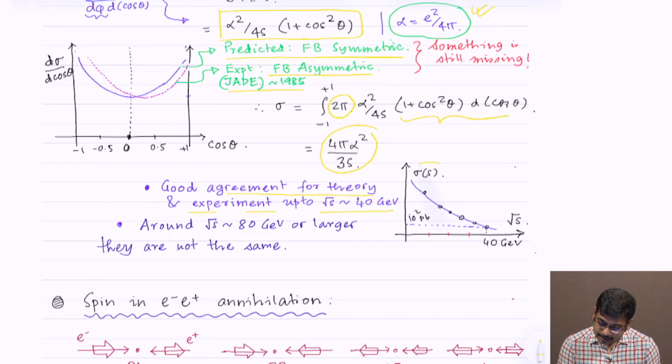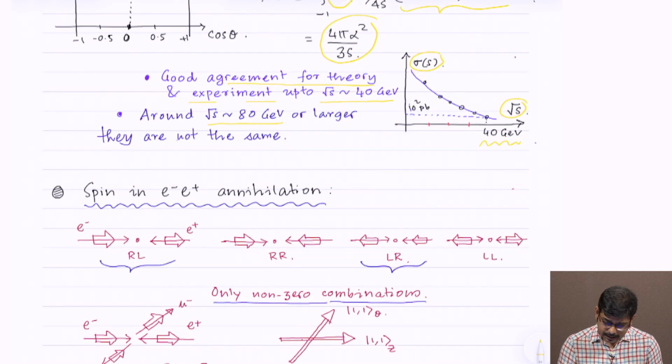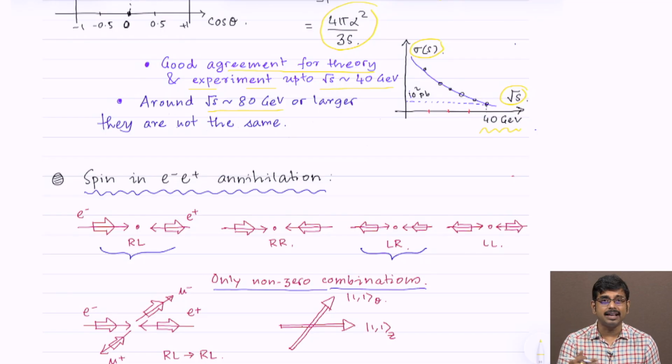If you plot σ with respect to the square root of s, it shows a falling behavior, and this can be very nicely explained up to 40 GeV, which tells us that QED is doing well except for that asymmetry part. There is something which happens around 50-60 GeV, or rather around 80 GeV, which has to take into account something more, which is nothing but the weak interaction.